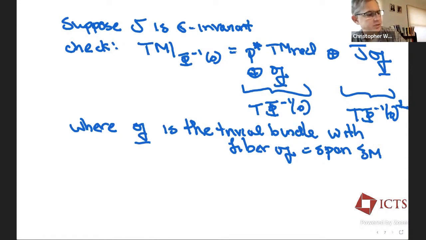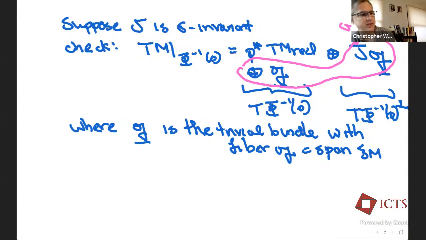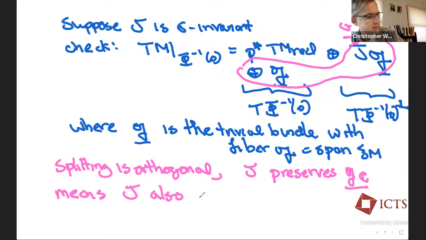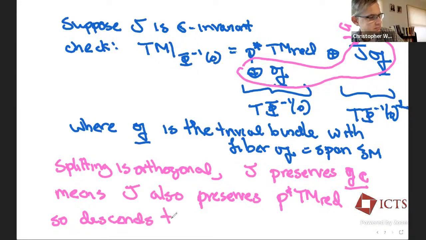Okay, well now you can rewrite this. You can think of these factors together as forming G sub C, the complexified algebra. And then the fact that this is an orthogonal splitting and the fact that J preserves G sub C means that J also preserves the P star TM red part, and so descends to a reduced almost complex structure on the reduced space M red.